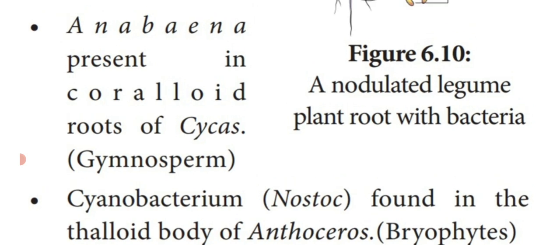Another one, a blue-green algae or blue-green bacterium or cyanobacterium known as anabaena, is present in the special type of root in cycas known as coralloid root. The cycas is a gymnosperm plant. Last year you studied the life cycle of cycas.